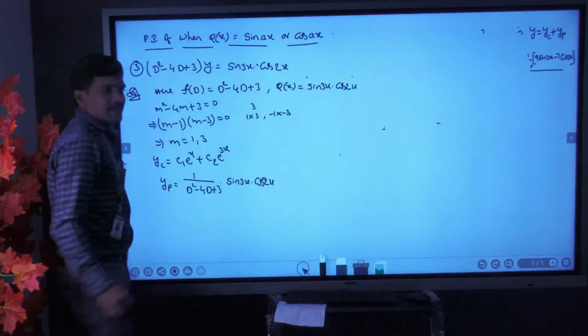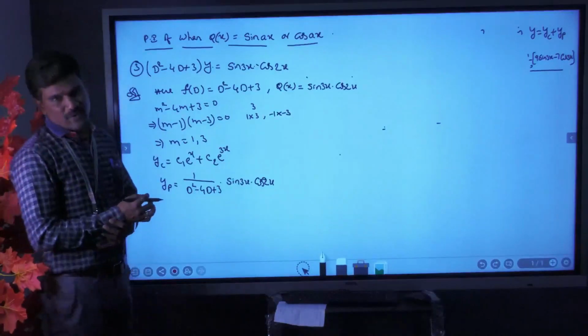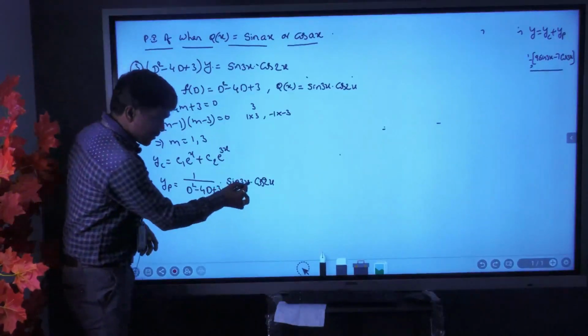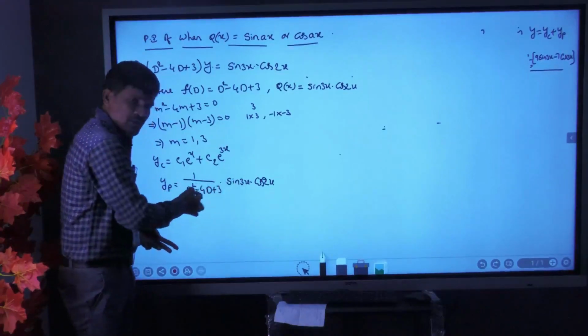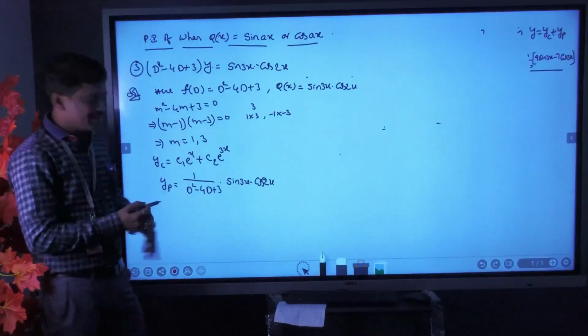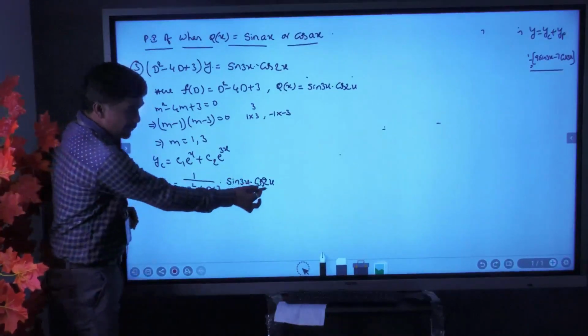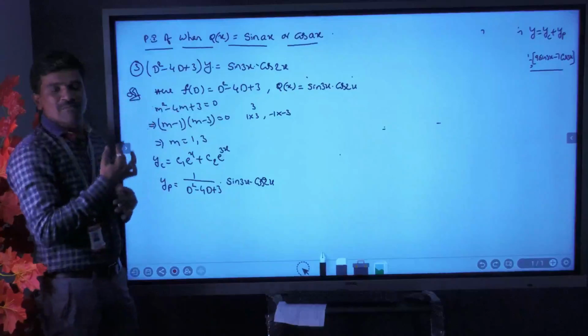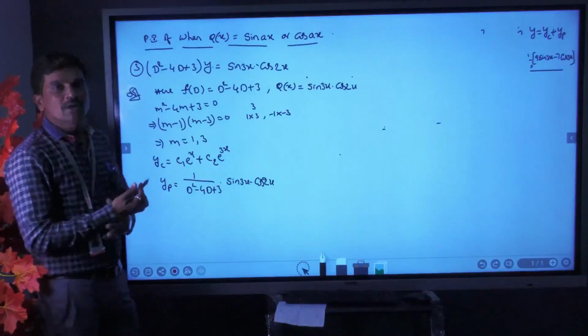So in this case, how do we convert it into sin ax or cos ax form? Suppose here it was not a multiplication but a plus or minus, then 1 by f of d into sin, 1 by f of d into cos. But in this case we have a product. So now we have to convert this into a sum or difference of sine terms or cos terms.